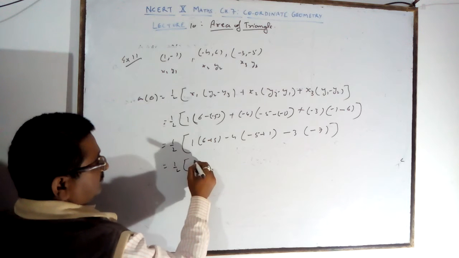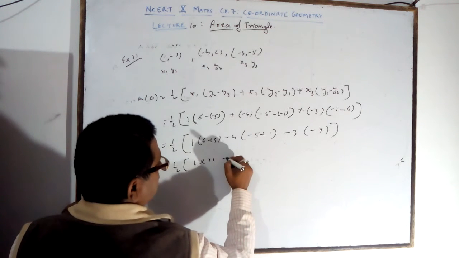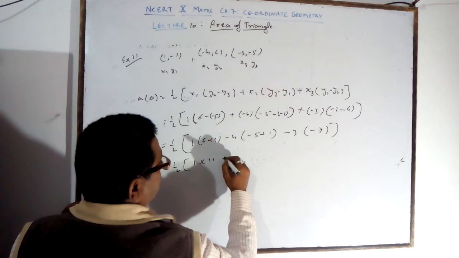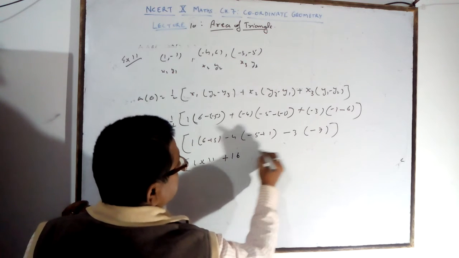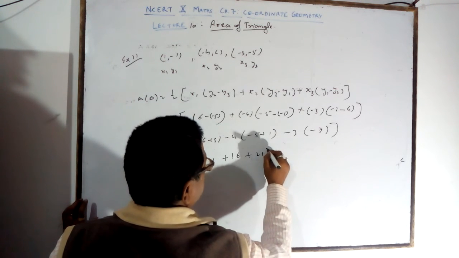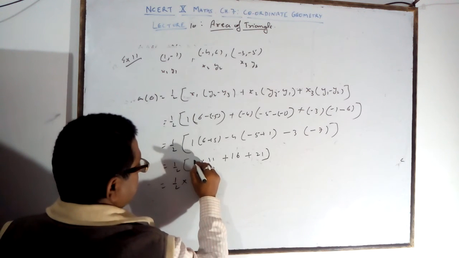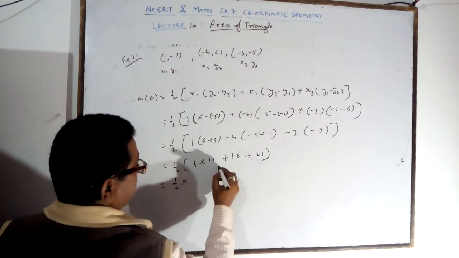Solving, 1 into 11, minus 4, minus plus 16, minus 3, minus 7, minus plus 7, 3 is 21. You get half into 11, 1 is 11.